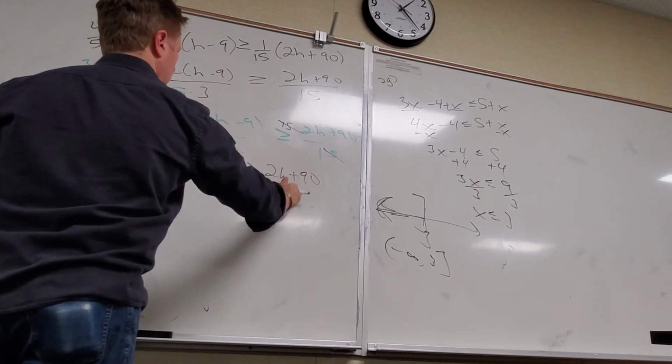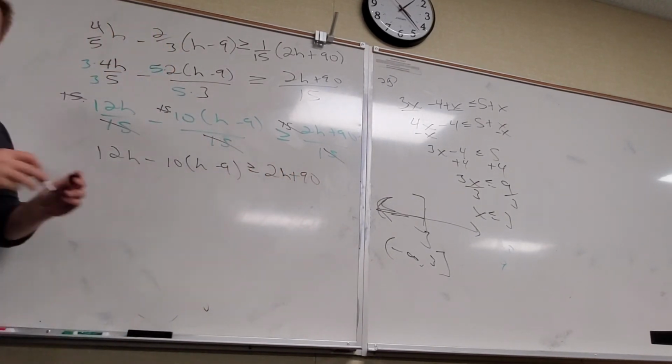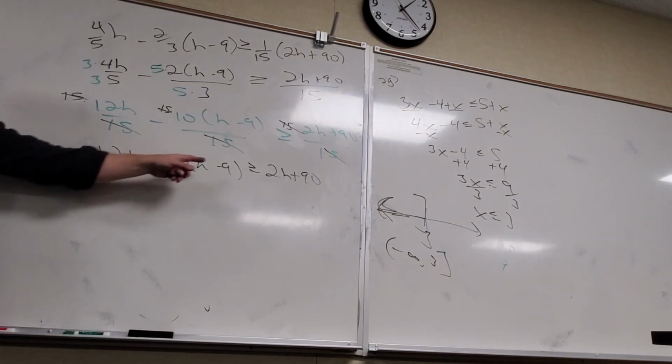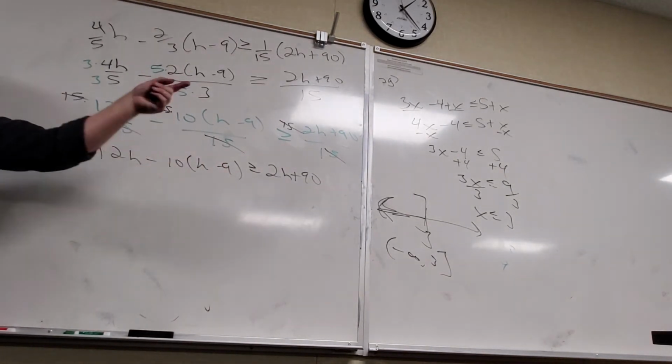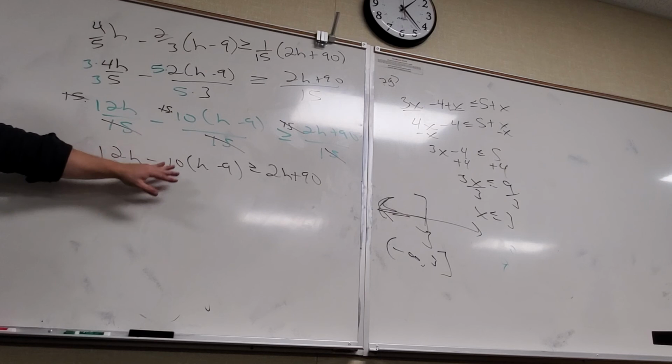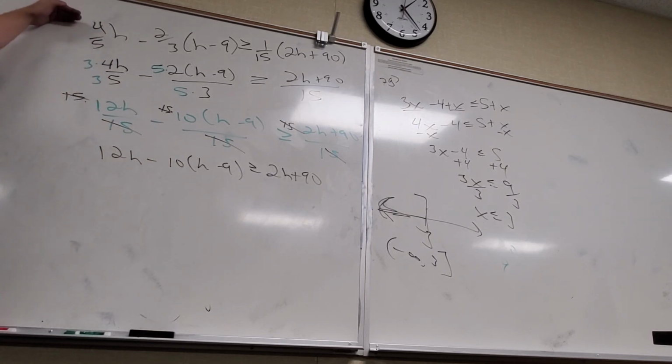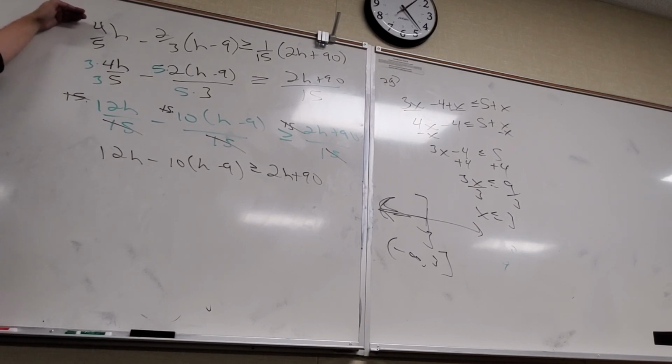Maybe I'll stop here because now, does that look better? Distribute, combine like terms, move your h's, move your numbers. The rest of this is not too bad. It started off looking really disgusting. What's up? You guys all right? I see he times 5.